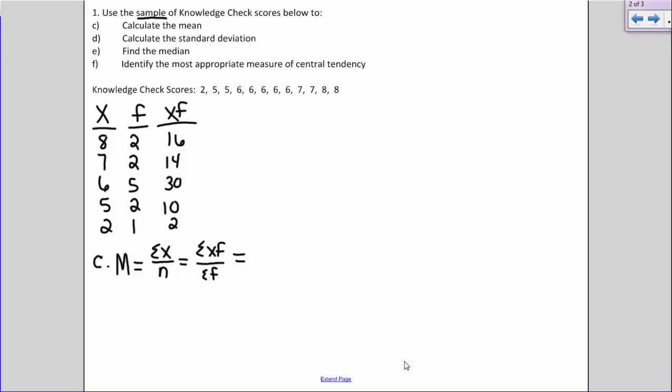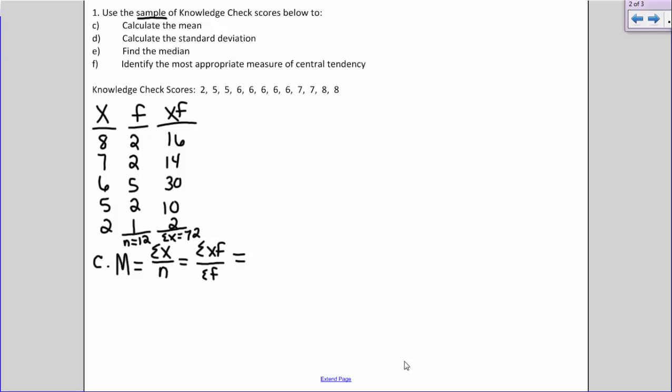So to find the sum of x, you just add these together. And you end up with 72 for your sum of x. Now, for your frequency piece of this, you want to add those together to figure out the sample size. And 2 plus 2 plus 5 plus 2 plus 1 gives you n equals 12.